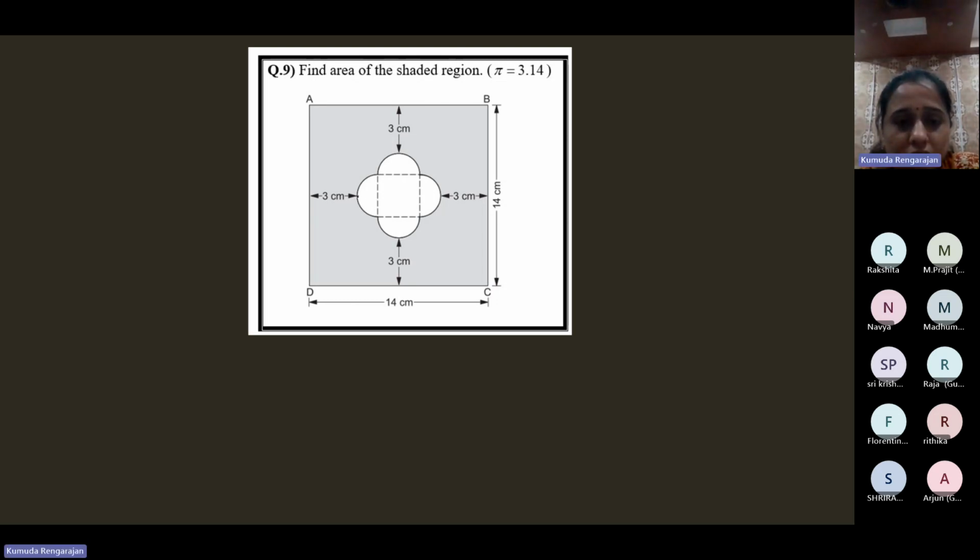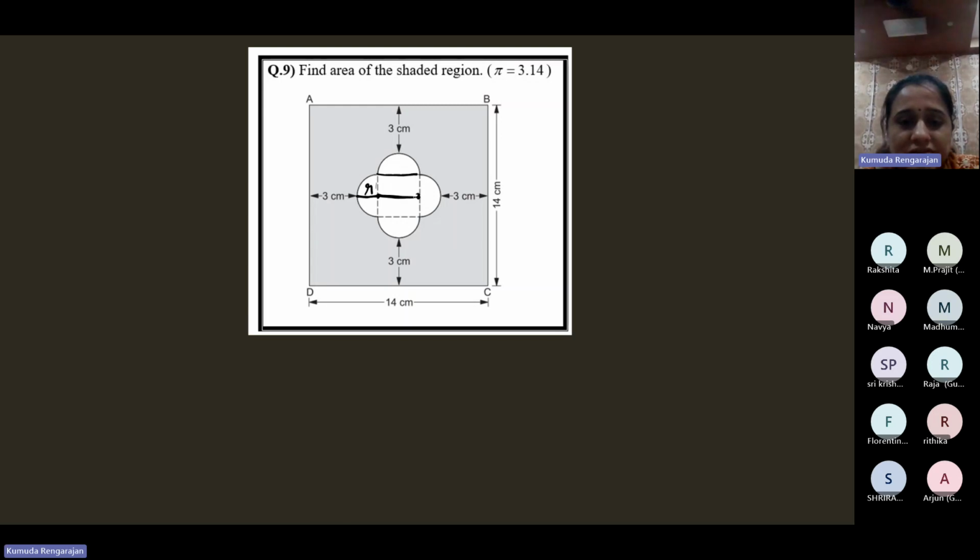Now, what do you call this line segment, children? From the center, this line segment. I'm just taking the midpoint of the line segment. Radius, ma'am. This is the radius, correct. What will you call this line segment? Is this equal to this one? To the side. Yes, ma'am.